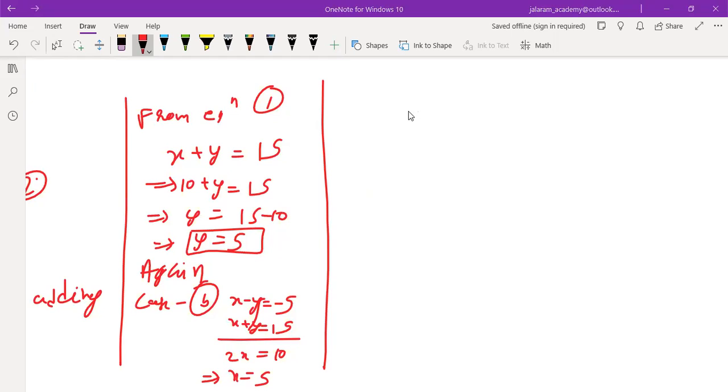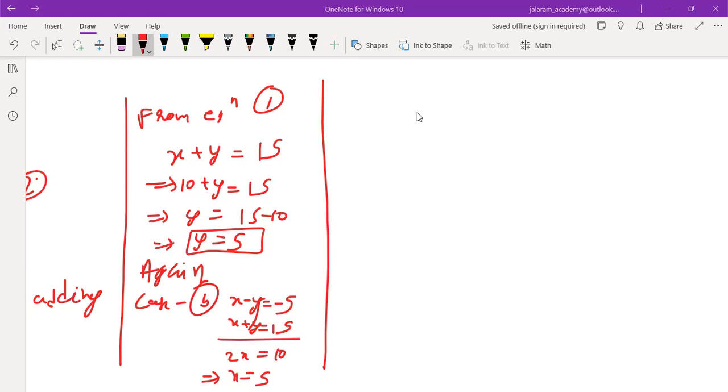As we are using simultaneous linear equations in the exam, sometimes it is written to use only the method of simultaneous linear equations to solve the equations, or to solve the twin question, use only the method of simultaneous linear equations. So you cannot use the quadratic equation.